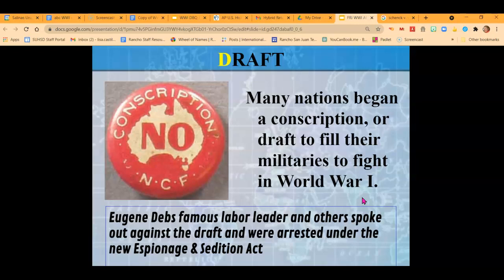In fact, we see a former labor leader, Eugene Debs. He was the big labor guy during the Gilded Age, the socialist who wanted to make America less capitalist and more socialist. And he ran for president, like from jail, 3 times. He is going to publicly speak out against the draft.